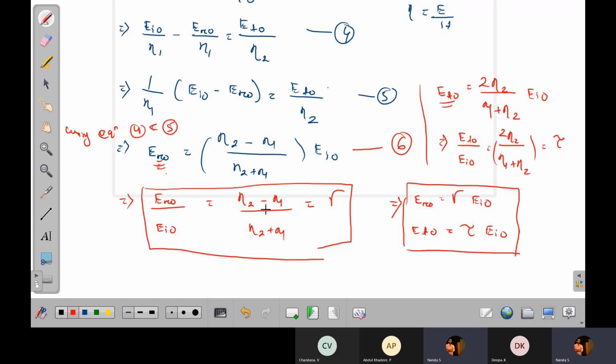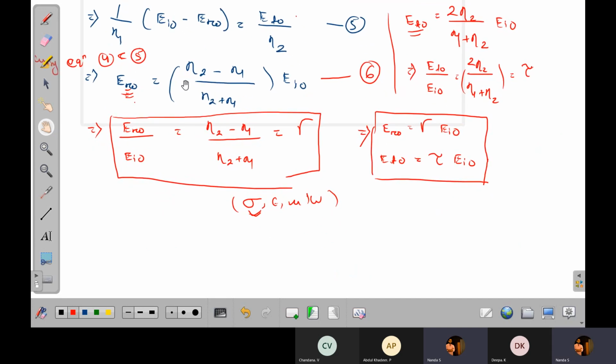Now this eta 1 and eta 2 can be found out from which constants? Sigma, epsilon, mu, and frequency. If these constants are known, then this eta value can be known. So these are the two constants.